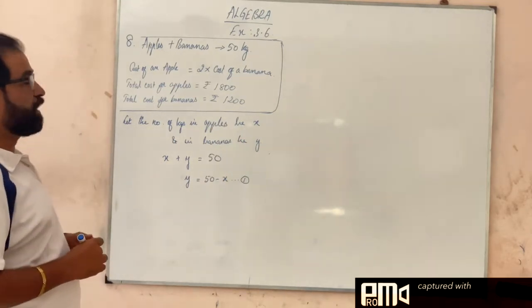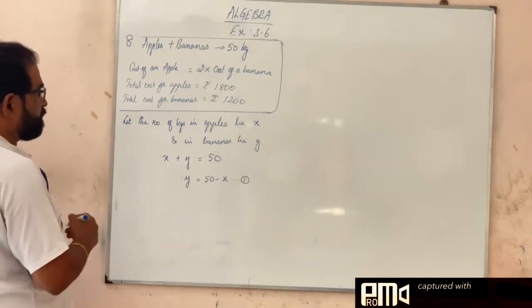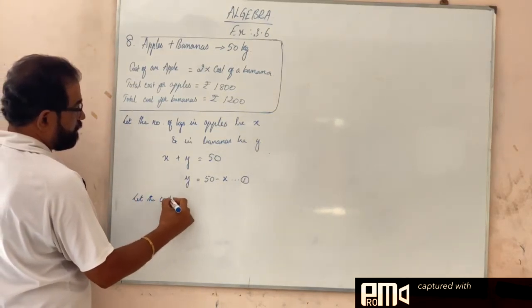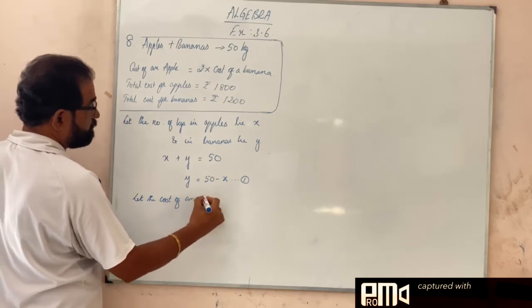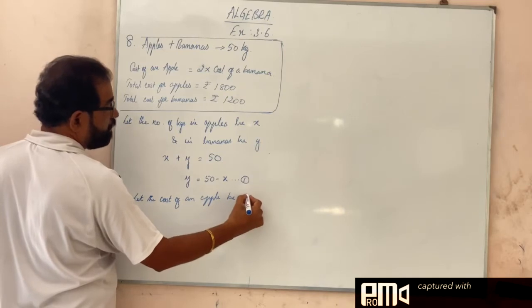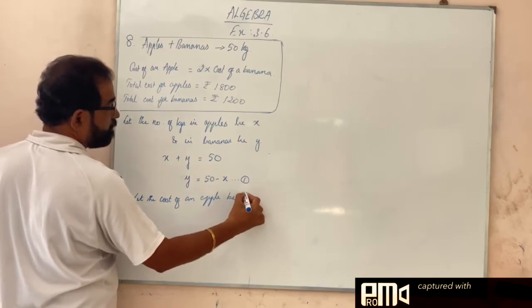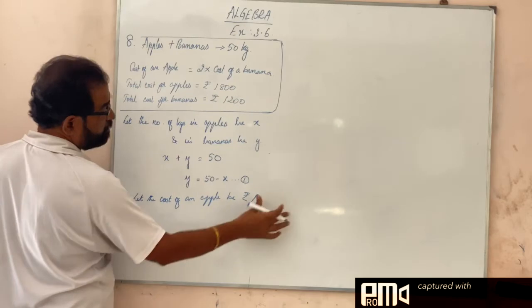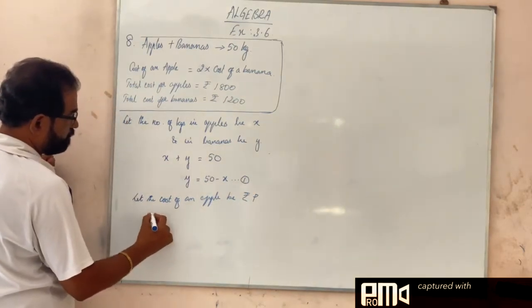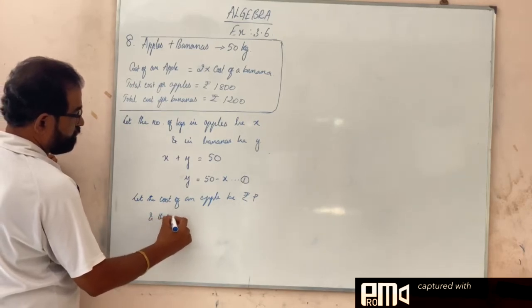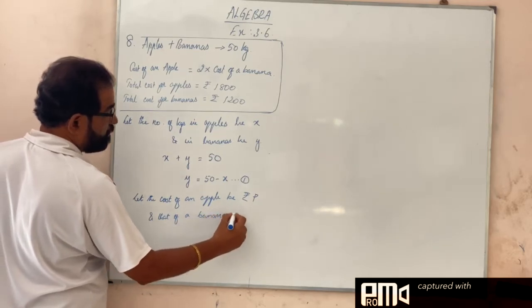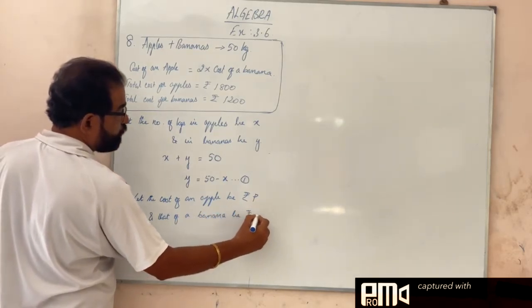And now let's assume for the cost of an apple. Let the cost of an apple be rupees p and that of a banana be rupees q.